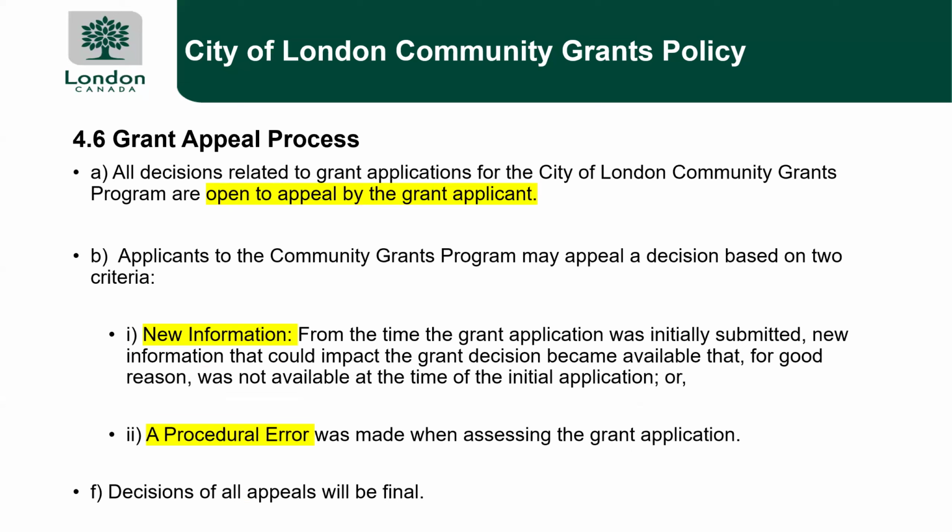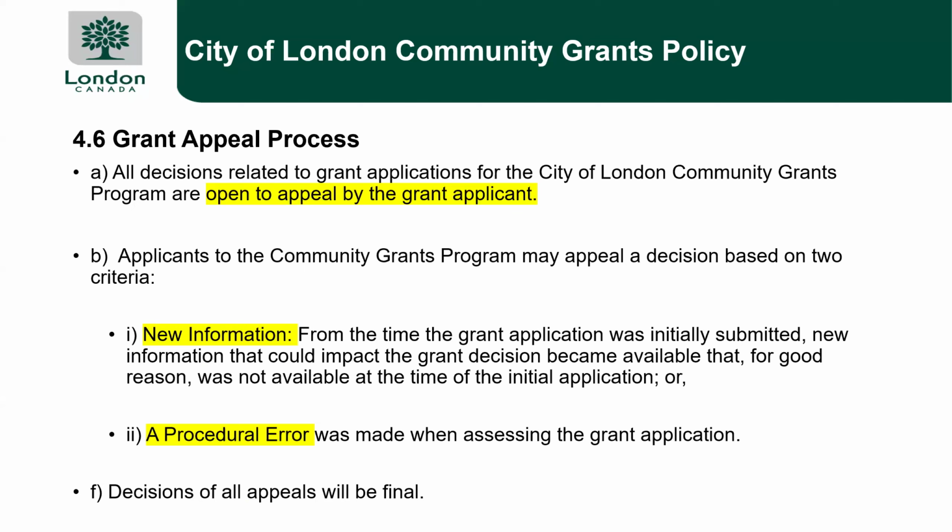All grant decisions are open to appeal by the applicant. That appeal process will be open for 10 business days after the community review panel makes their funding decisions. And applicants can appeal based on two reasons. The first is new information. So this means from the time of the grant application that was initially submitted, new information has come about that could impact the grant decision, and for good reason was not available at the time of the initial application.